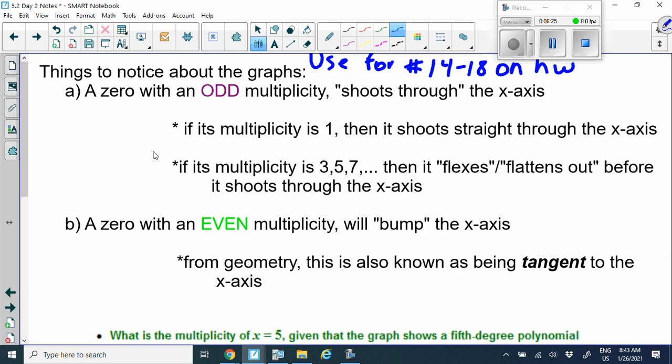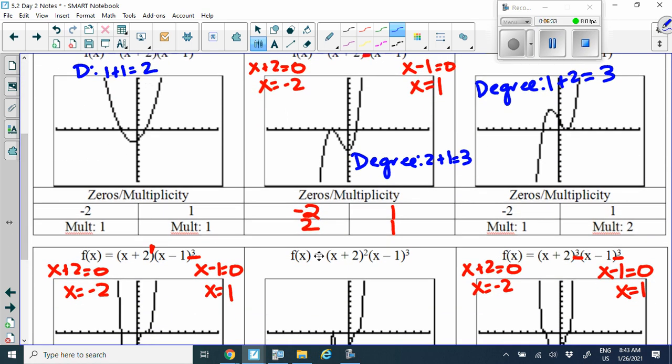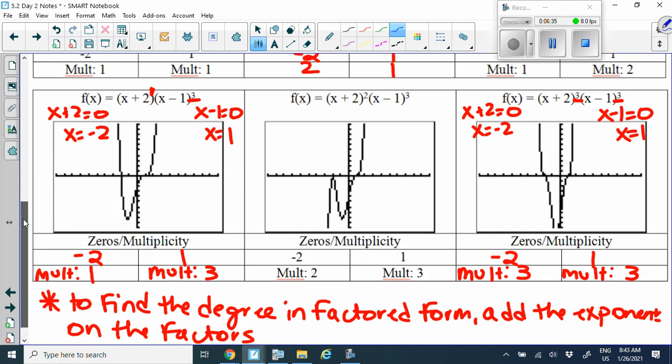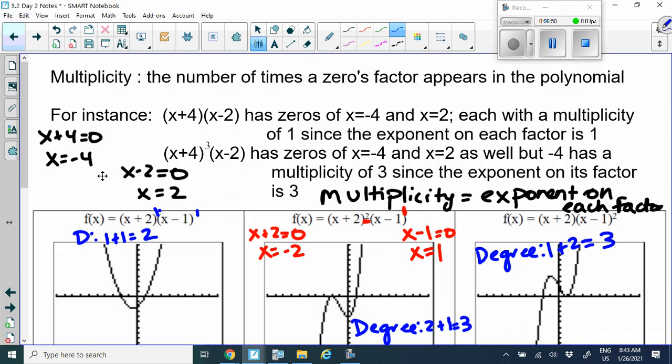Okay, well, think about when we have odd multiplicity. So that means our multiplicity was an odd number, like 1, or it could be 3, right? Multiplicity of 3. Well, what happens to our function? At that x-intercept, or at that x value, it basically crosses the function, okay?